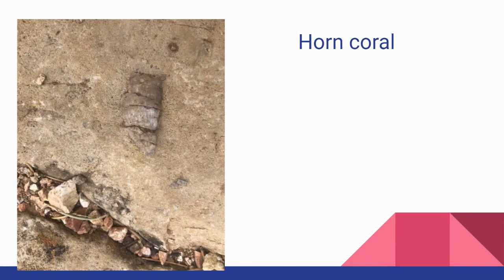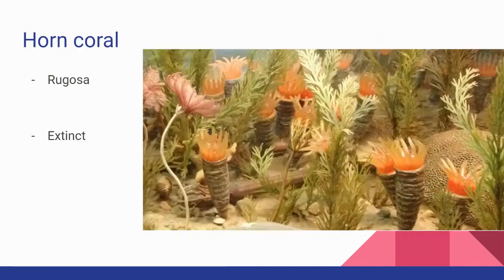We also saw evidence of horn corals. These are extinct organisms. They don't exist on Earth any longer. The way they got their food, these are animals. They look a little plant-like, but the horn corals are part of the genus Rugosa, which means wrinkled.